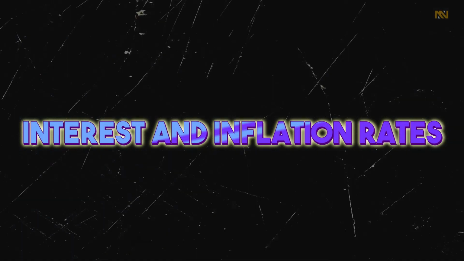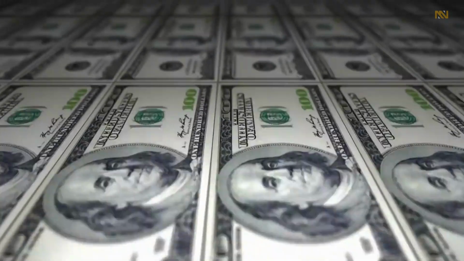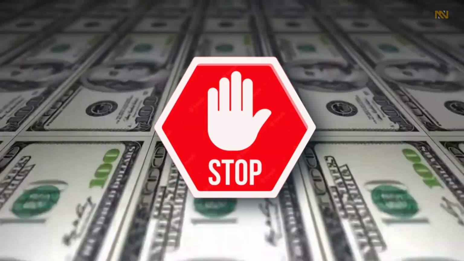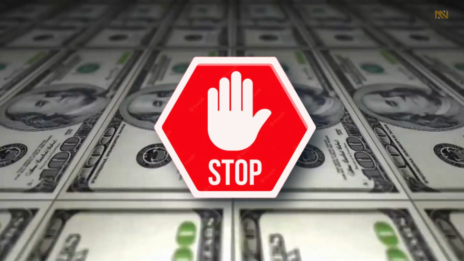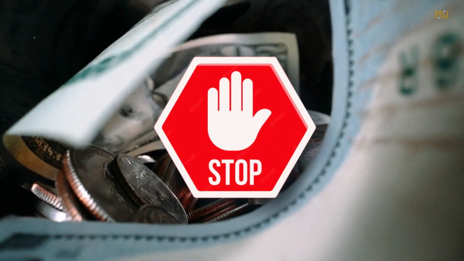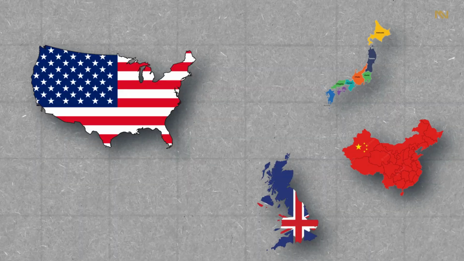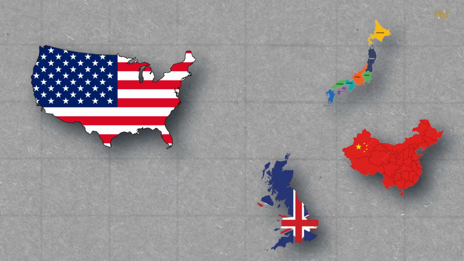Second, interest and inflation rates. Government has the power to control inflation and interest rates in the country. The US government can increase the dollar's value by stopping the printing of dollars in the country, which brings more value to the dollar due to its scarcity, so the dollar price increases in the international market. All the countries which are in debt to the US government should settle their debt in US dollar currency.